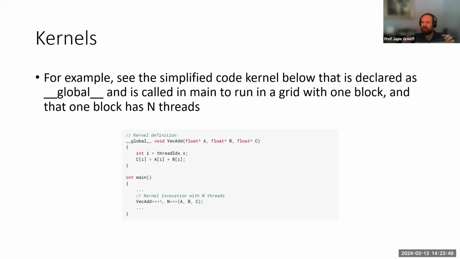If we look at a bare bones example, we can look at the kernel function that we will see in the example a little later, which is around vector addition.